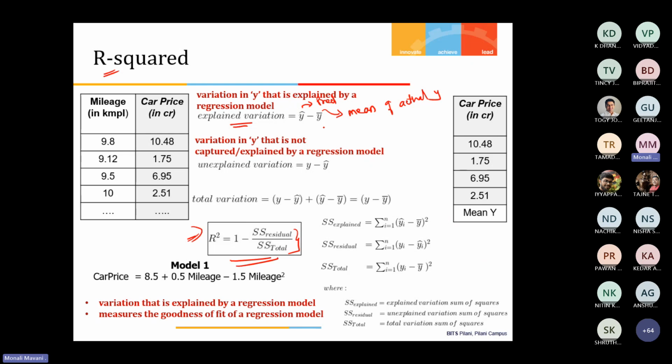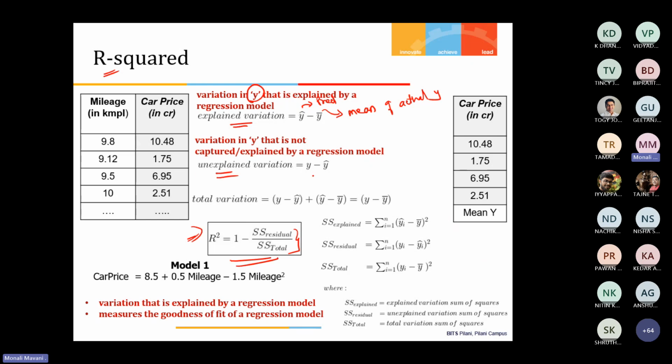What do you mean by explained variation? The variation in the target, that is Y, which is explained by the regression model. Y hat is the prediction done by our regression model, which we have trained. So it should not happen that the predictions are just coming out by fluke, with the parameters having no effect on the prediction.